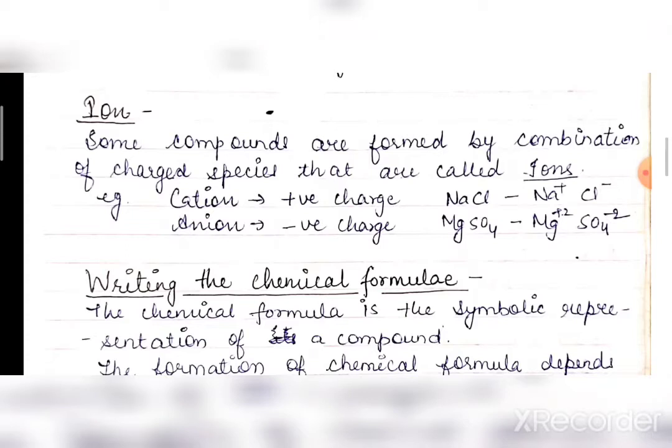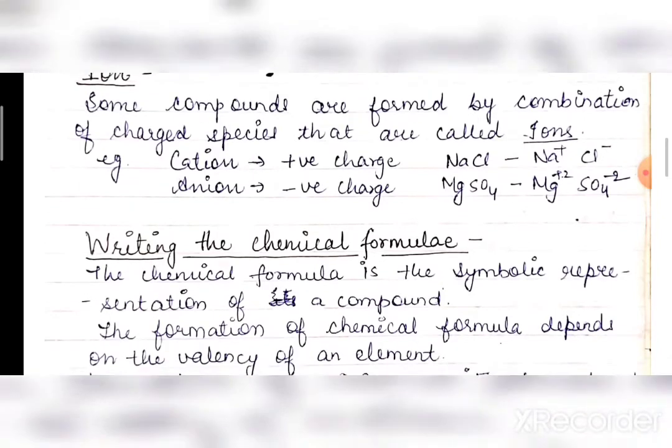When the electrons are lost, they gain plus charge, and if they gain electrons, then they have negative charge, so they become cation and anion. But if they do sharing, when electrons are shared, there is no charge on the element, like in the form of carbon.